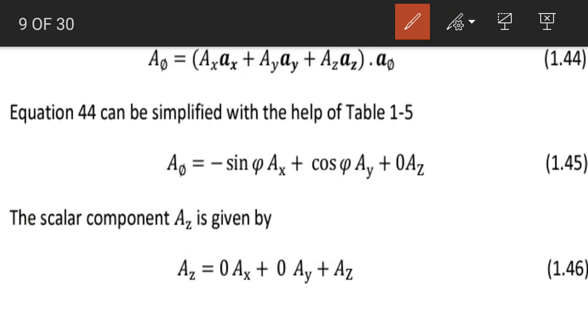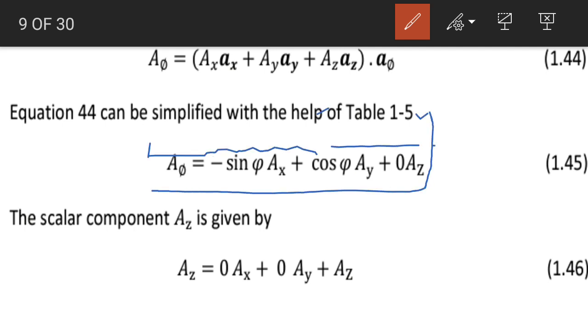So A phi will be equal to equation number 45. You guys can calculate A phi with the help of equation number 45.